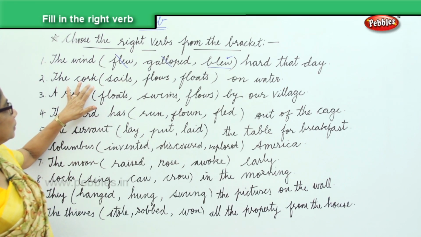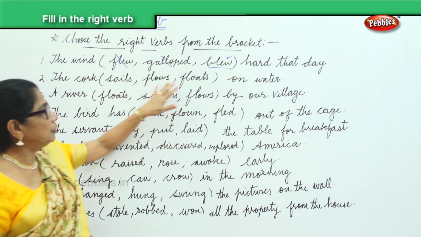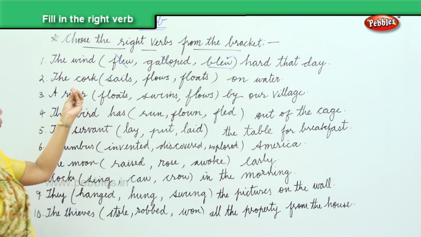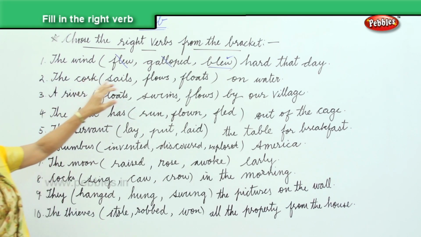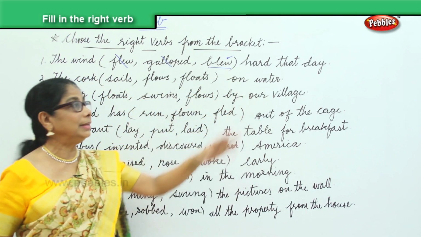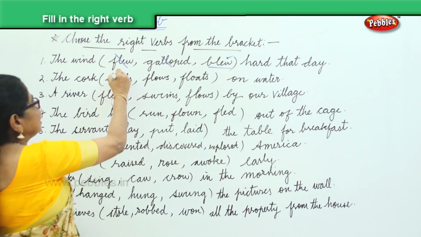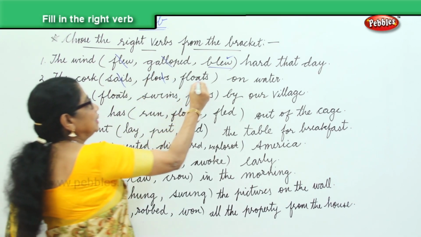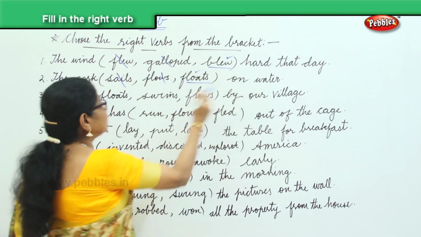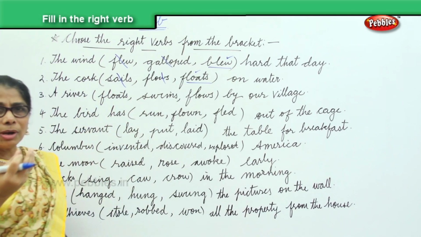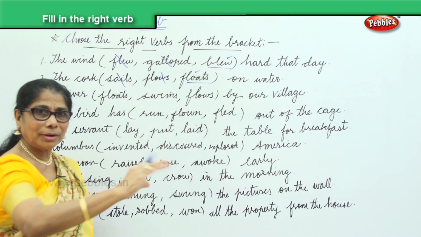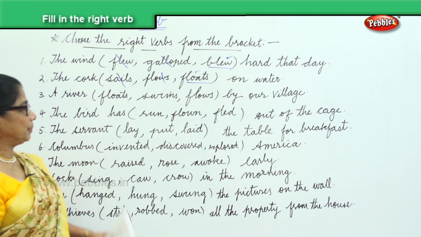The cock sails, flows, floats. Now what floats on water? The cock floats on water. It does not flow or sail. So you will say floats. The bottle cover, the cock, it floats on water because it is light.